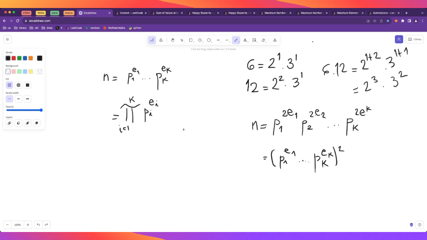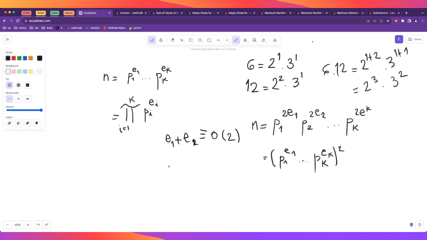Now, every exponent must be even in the product. But we have just said that the exponents get added. So if we have exponent 1 plus exponent 2, we want to know when this is even, which is equal to 0 mod 2.